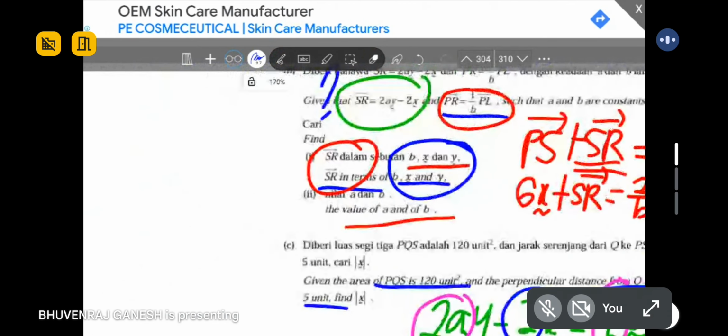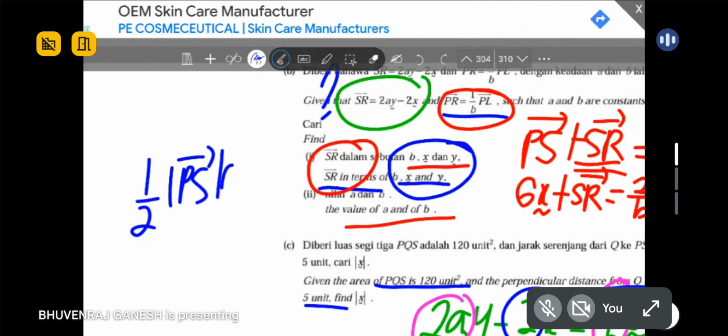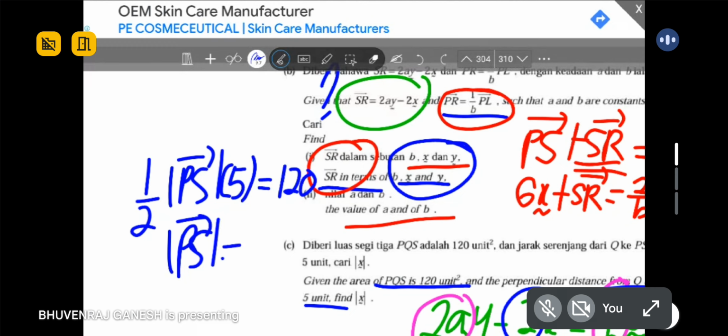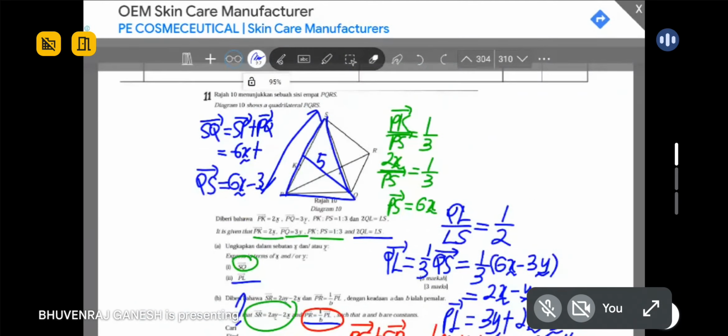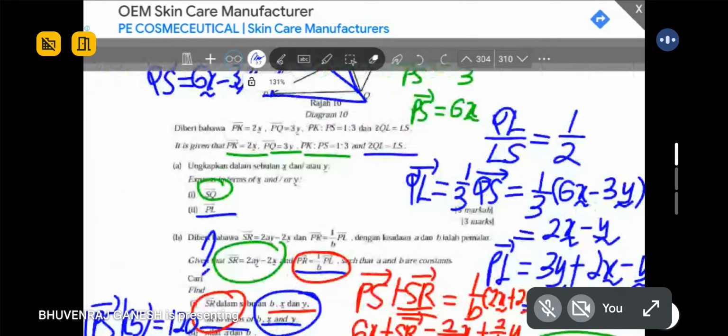Luas segitiga. So half times modulus PS times 5 is equal to the area luas, which is 120. So you can solve for PS. You will get 240 over 5. Wait, let me press. You should get 48 for PS. And then PS, what do you get for PS, guys? 6x, right?